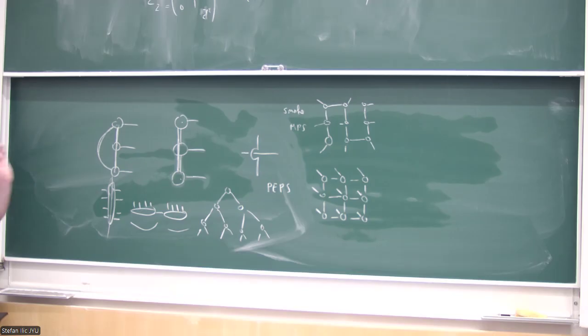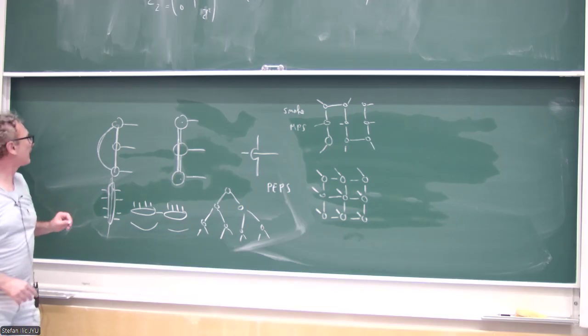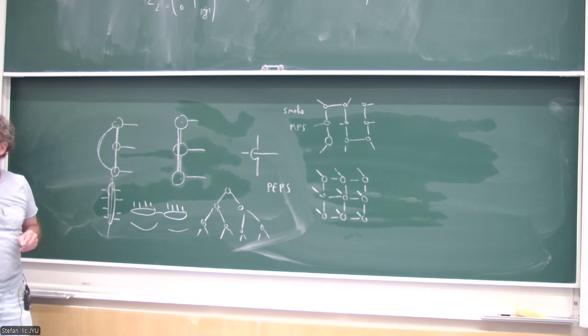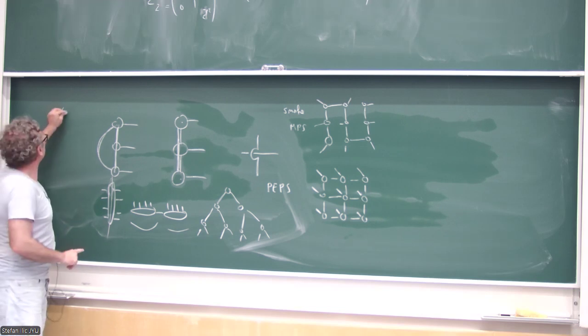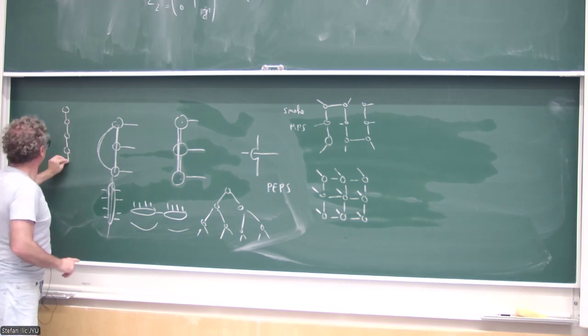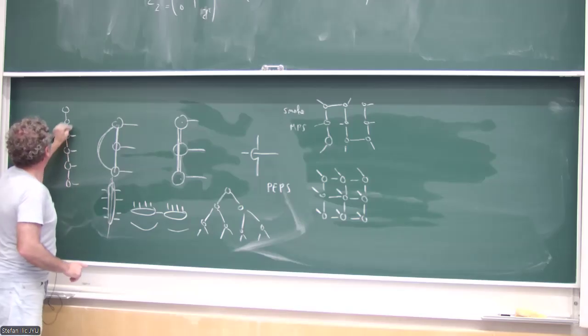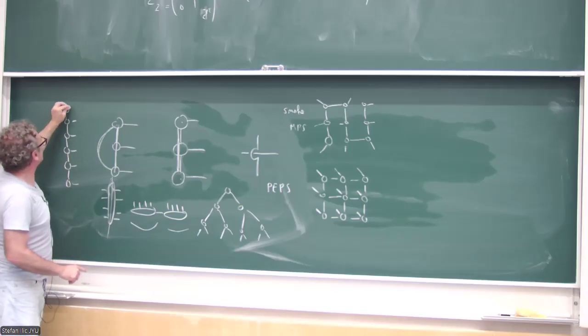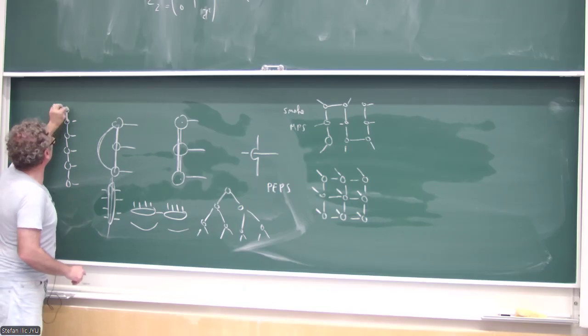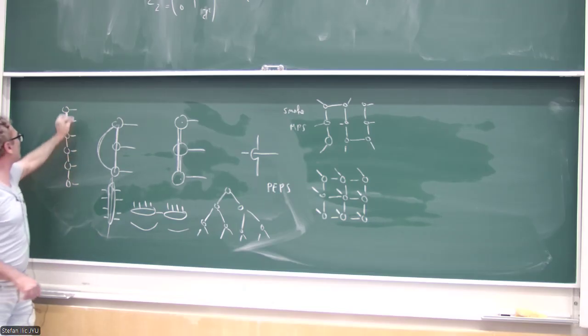But that's nothing to do with MPS. No, this is wrong. Let's say this is my system, and this will be my auxiliary one. And you want to trace out that.